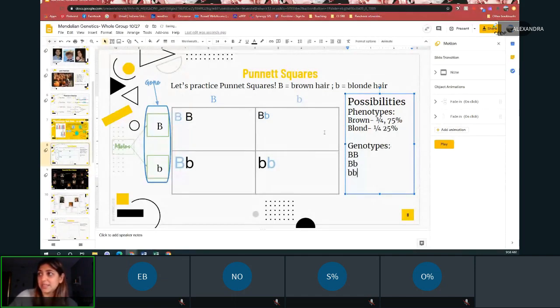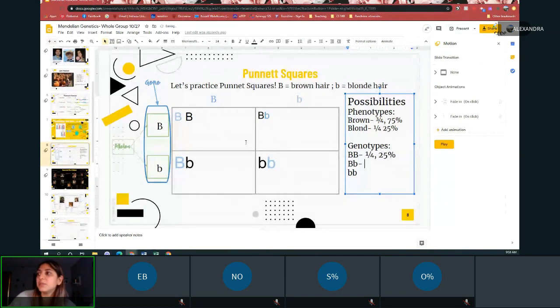Those are the 3 possible combinations we have in our Punnett square. So what are the chances that the offspring is going to be homozygous dominant? Well, we have 4 possible combinations. Of the 4, only 1 of them is going to result in homozygous dominant, which in other words is 25%.